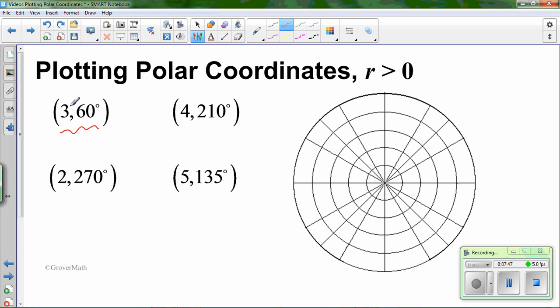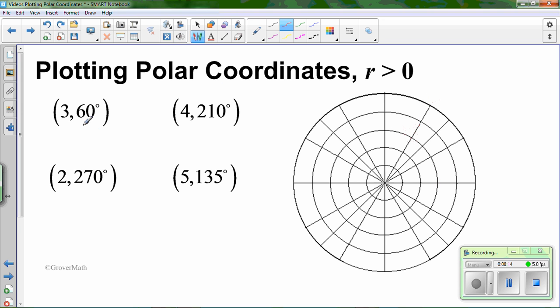But polar coordinates, we can do this one of 2 ways. I could think of the 3 units first, and then think of, all right, 3 units out is here. And then I could go 60 degrees up. 60 degrees is right here. This is the 60-degree line. So this point right here is 3, 60 degrees. But I think some people will actually do that kind of backwards. Well, let me just erase that all for a minute.